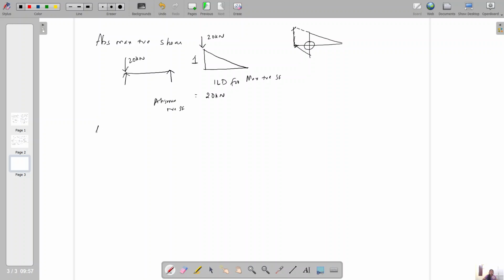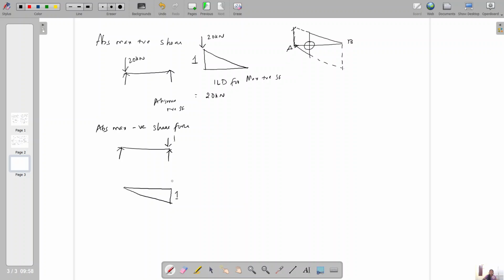In the same way, absolute maximum negative shear force, if you extend this negative diagram, you will get the maximum value at B. If you place the load directly at B, then you will get the maximum value at B, and I am going to draw in the negative side because RB is negative.